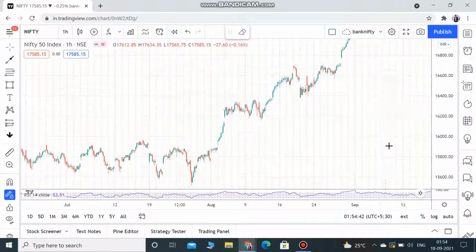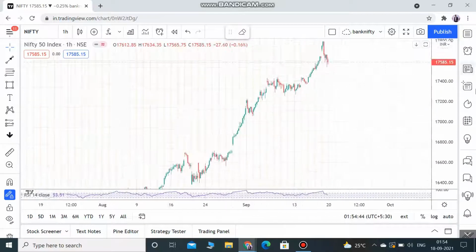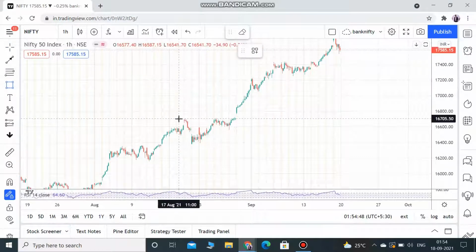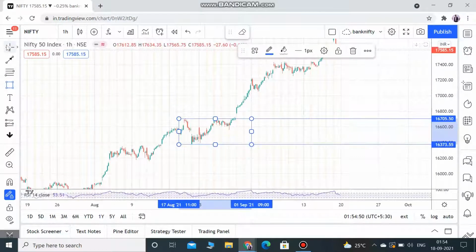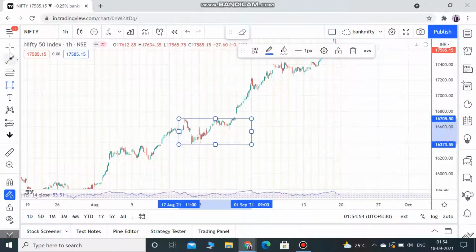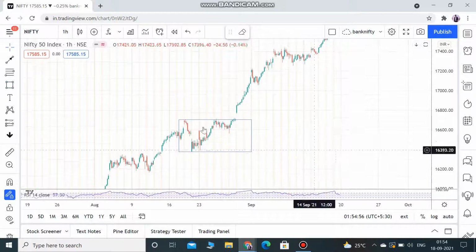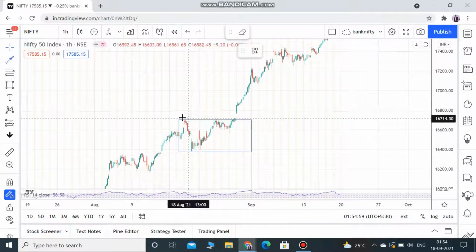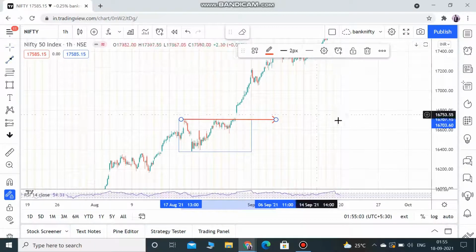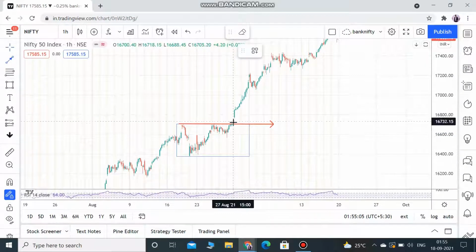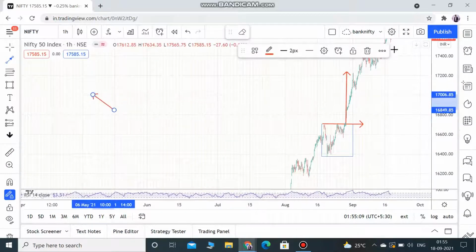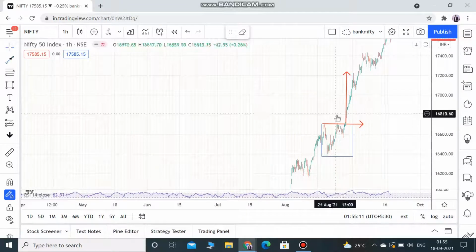The same is happening again and again. If you consider this as my consolidation zone, you agree with this? Again, this is my consolidation. If this particular blue line is my recent resistance, I didn't know where to target because on my previous time frame there is no resistance seen.